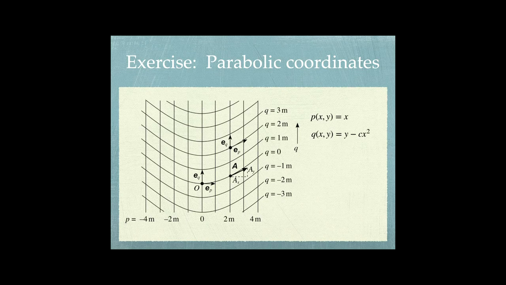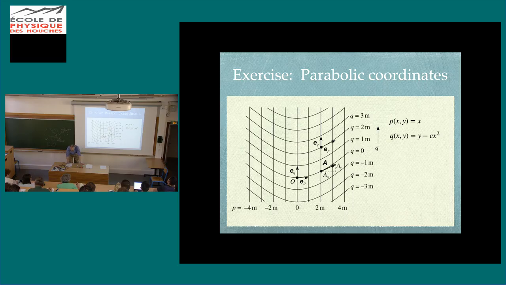But before we get to worrying about that, I want to think a little bit about a parabolic coordinate system. So here's a coordinate system for a flat space-time. I'm using as the curves of constant p, just straight lines the way they would be in the Cartesian coordinate system.